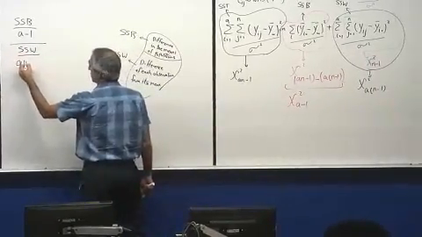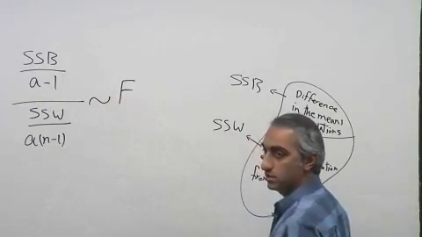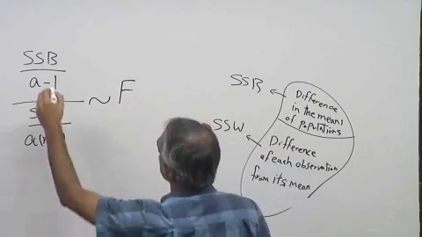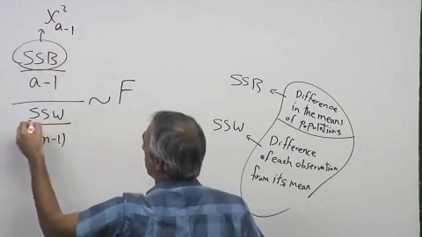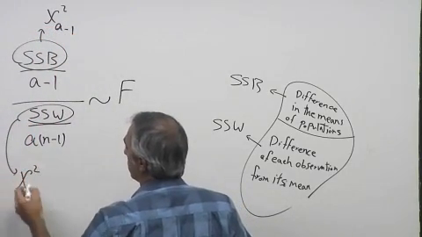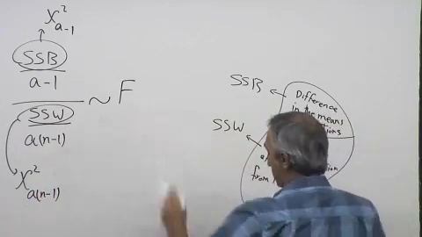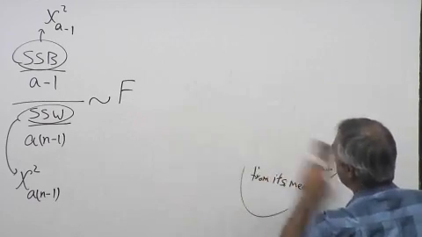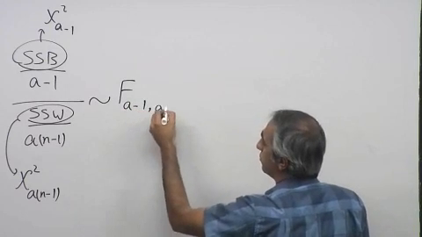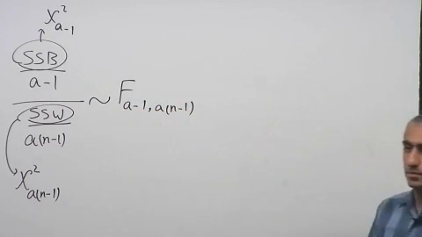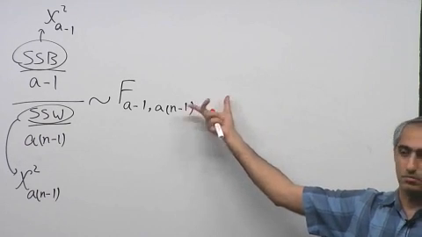A times n minus 1. So this follows an F distribution. Why? Because this guy is chi-squared with a minus 1 degrees of freedom, and this guy is chi-squared with a times n minus 1 degrees of freedom. Therefore, I get an F distribution with these two degrees of freedom. That's how I come up with my test statistic and critical region.